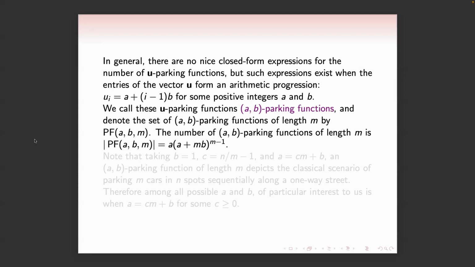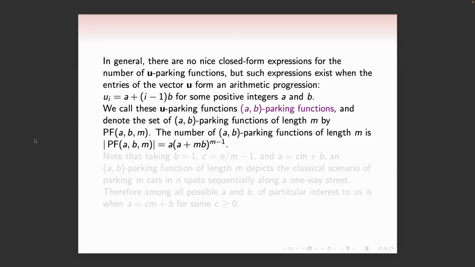So I'm going to give an example where the formula actually has a closed form expression, from an a,b parking function. An a,b parking function means that with a vector u, the first entry u1 is equal to a, and then it is an arithmetic sequence. So the second entry u2 is equal to a plus b, and then a plus 2b, and so on, so the vector is of length n.